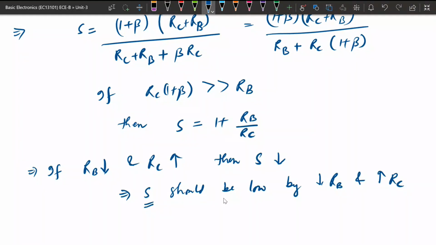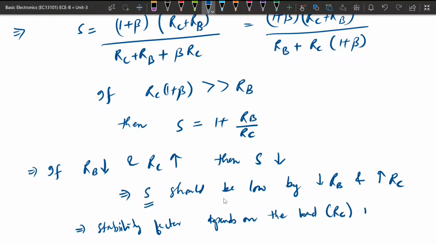From there we can say the stability factor depends on RC, which is a user dependent parameter. That means the stability factor depends on the load resistance, that is RC.